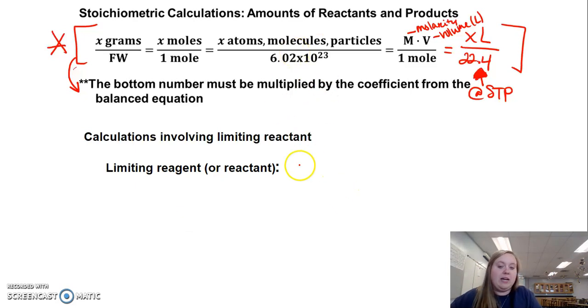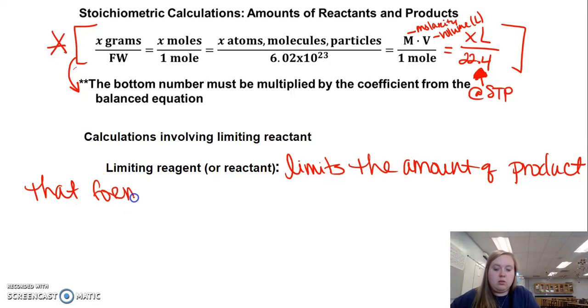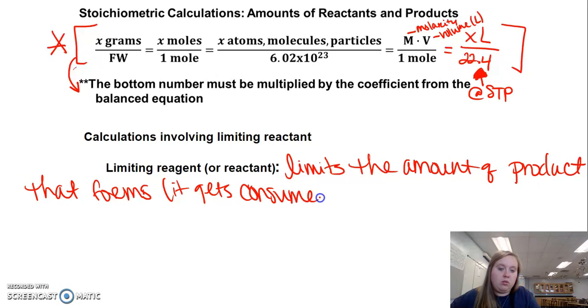Just as a reminder, the limiting reactant or the limiting reagent limits the amount of product, and the way that it does that is because it runs out. So if I am making grilled cheese sandwiches, once I run out of cheese, I can't make any more grilled cheese sandwiches.